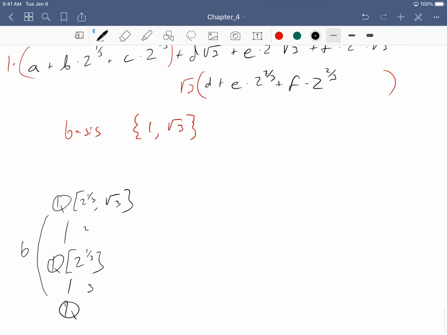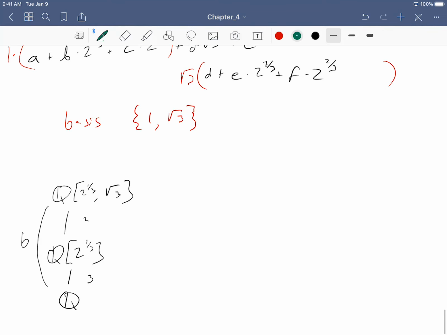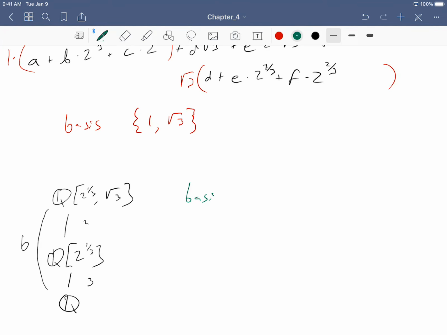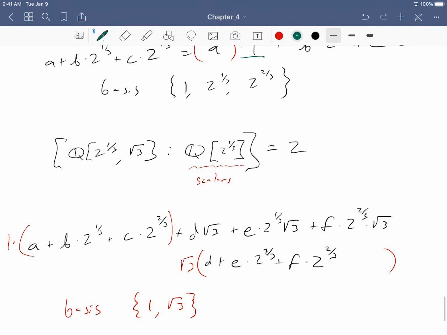And notice that we already saw that. When we wrote down our generic element up here, we had a, b, c, d, e, f. So we had 6 elements. In fact, the basis for Q adjoin 2 to the 1/3 and root 3 over Q, we know is the product of these two bases that we have here.